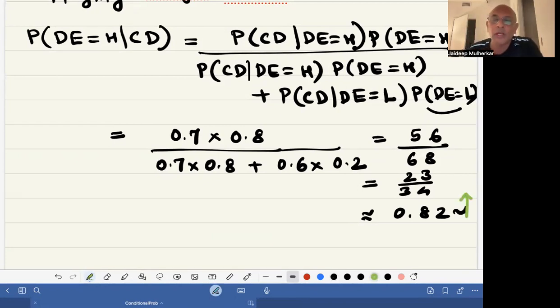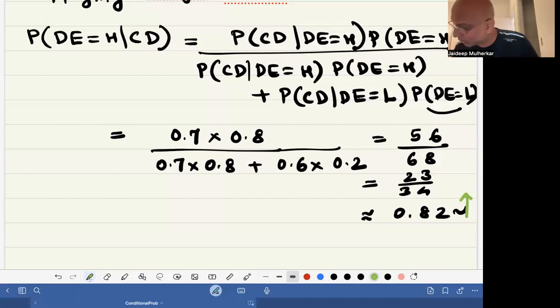One way to use that is to go to the next stage of the clinical trial, and if it keeps going up, we can do this sequentially and update our belief. Okay, so that's Bayes' theorem.